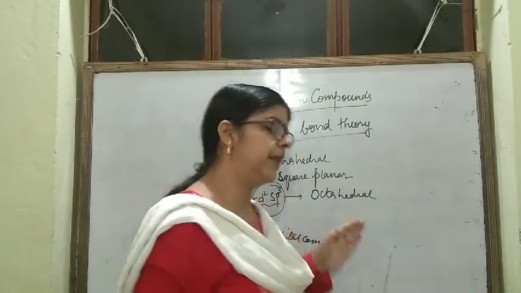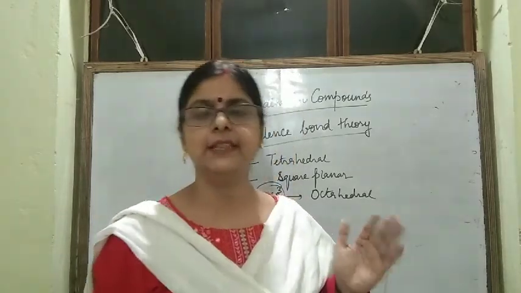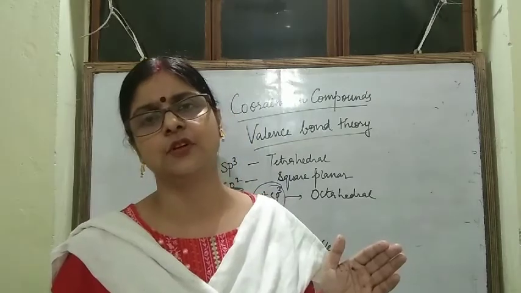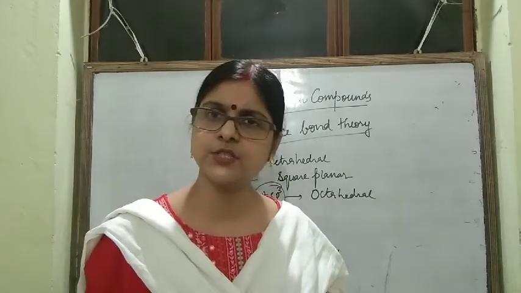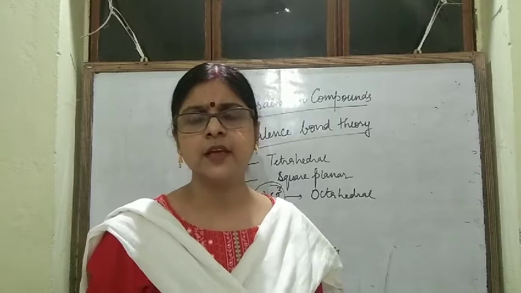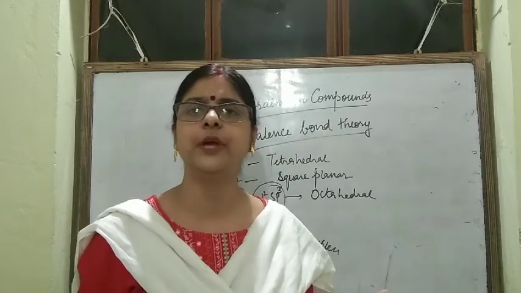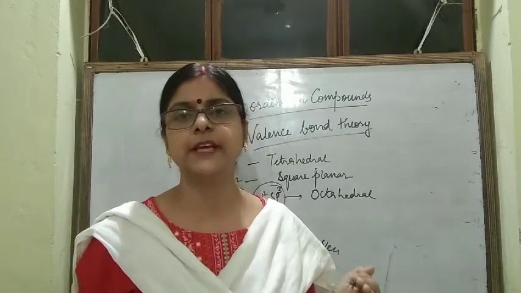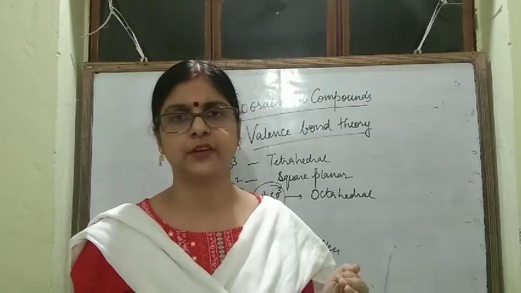If in the complex there are unpaired electrons, then the complex will be paramagnetic, and if there is no unpaired electron, then the complex is diamagnetic.